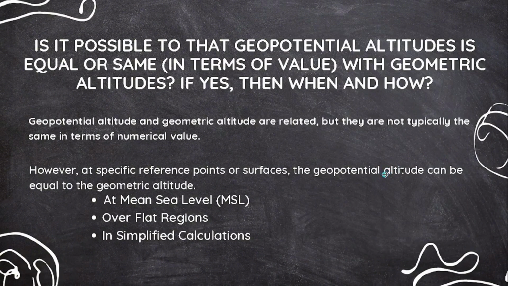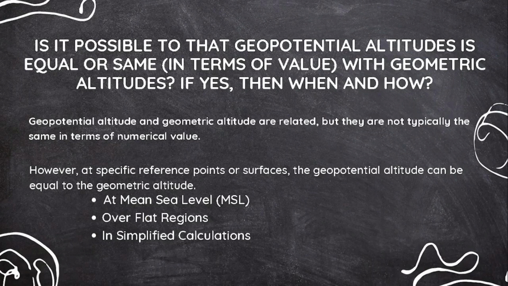So is it possible that geopotential altitude is equal in value to geometric altitude? If yes, then when and how? Geopotential altitude and geometric altitude are related, but they are not typically the same in terms of numerical value.